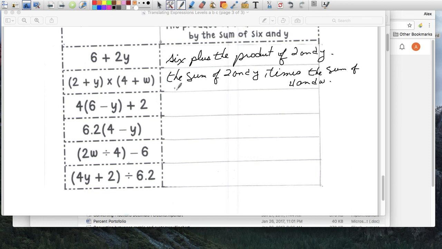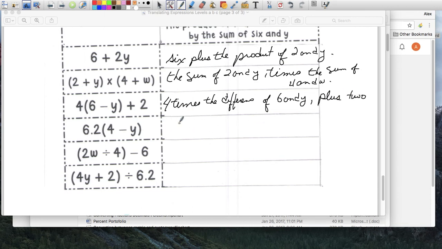Next one. Oof. So we can go 4 times what? The sum, no, the difference, sorry. The difference of 6 and y, comma, plus 2.